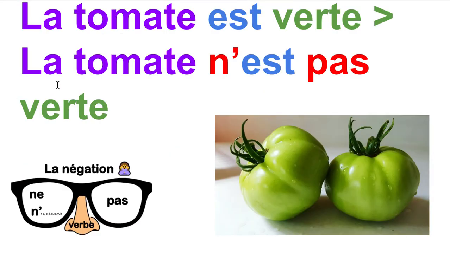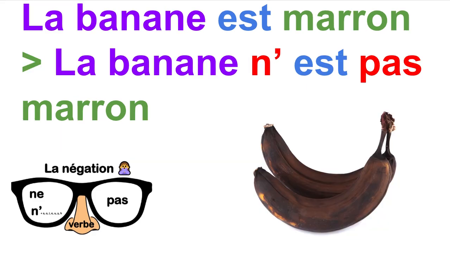For instance, we could have la tomate est verte, but if you say the opposite, la tomate n'est pas verte, you can see that the n apostrophe is before the verb, and then you have the pas. La banane est marron.